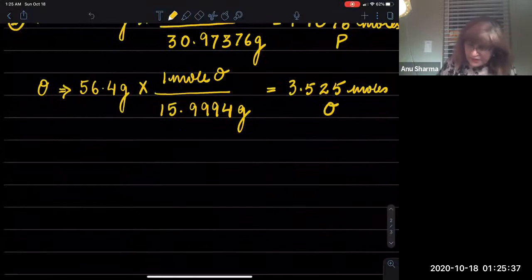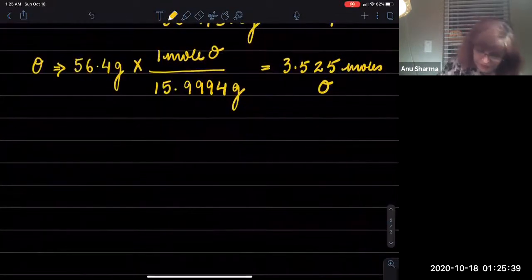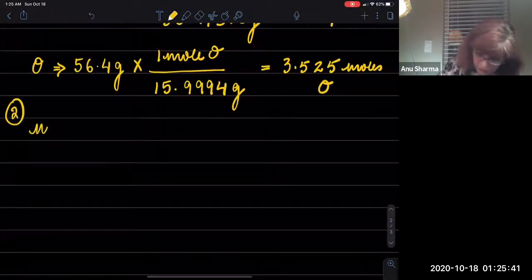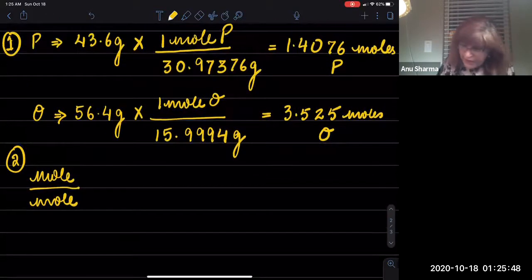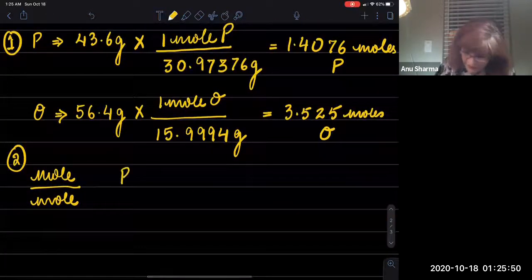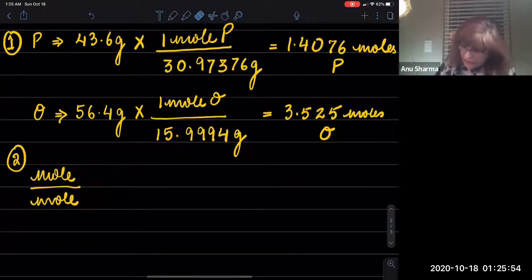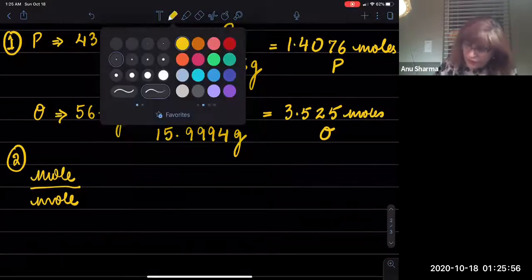Now let's look at step 2. Step 2 is the mole to mole ratio. We're going to take the lower mole value, which is the moles of phosphorus.